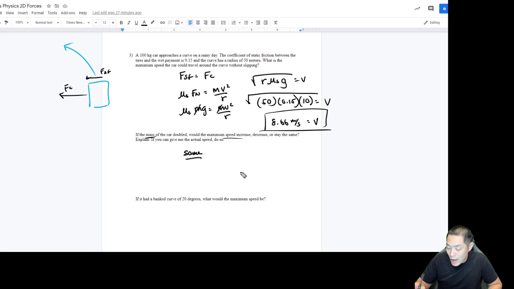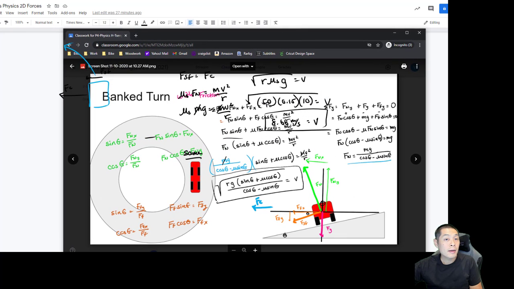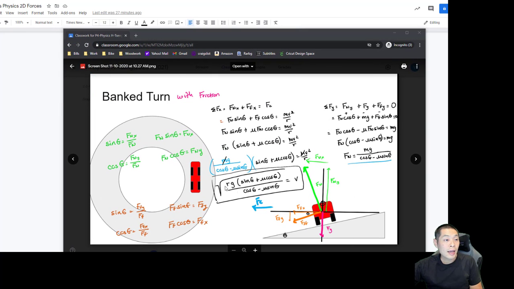Now, if we do have a banked curve, this is when you need to bust out your notes. Let me pull it up really fast so everybody can see it. In our notes, we were able to derive this thing right here, and that's the equation we're going to use to solve this problem.